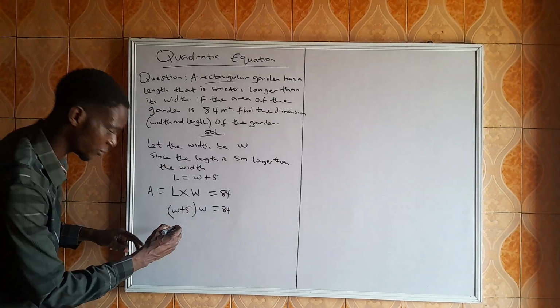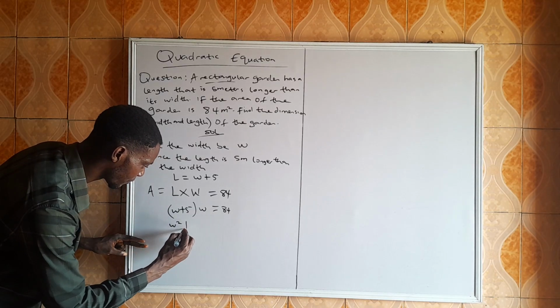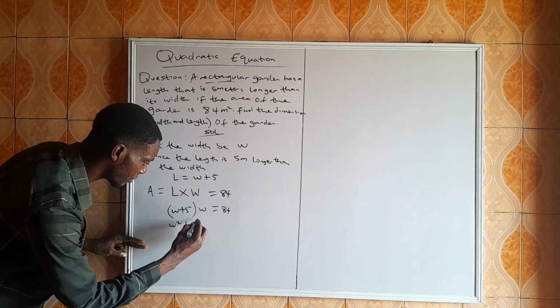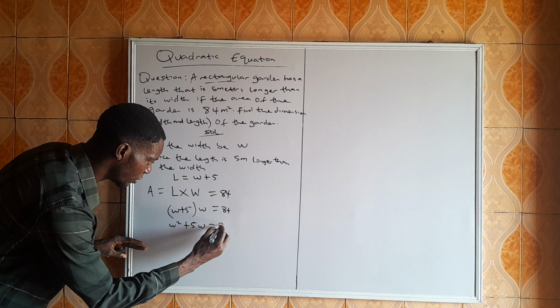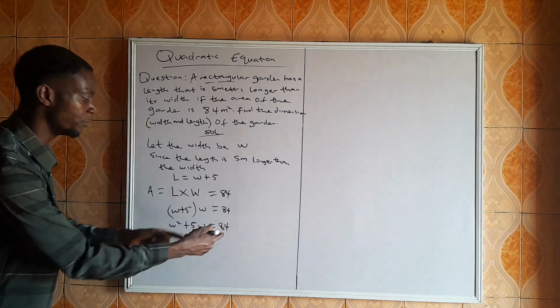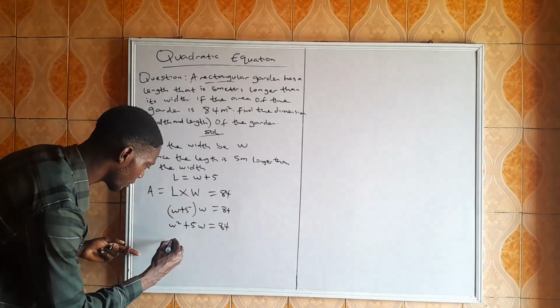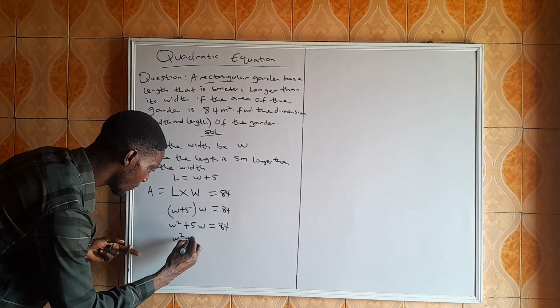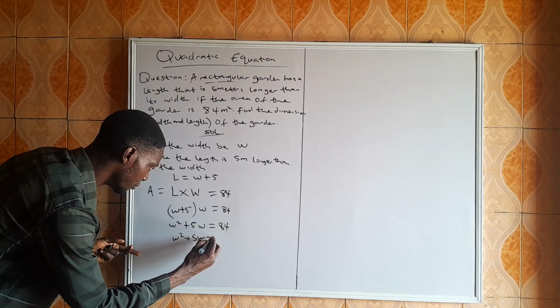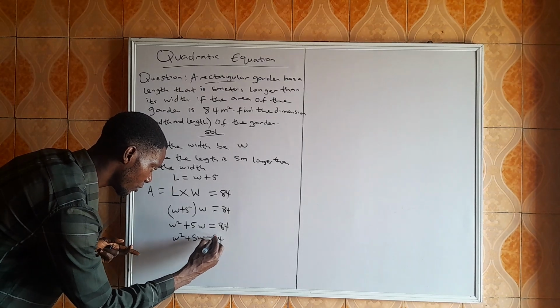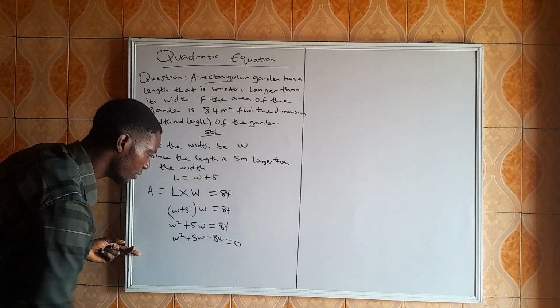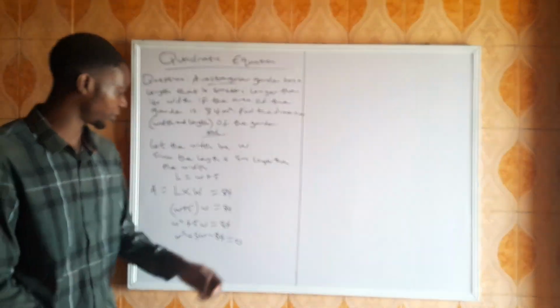If you expand this expression, we have W squared plus 5W equals 84. If you bring this 84 to the other side, it becomes W squared plus 5W minus 84 equals 0.